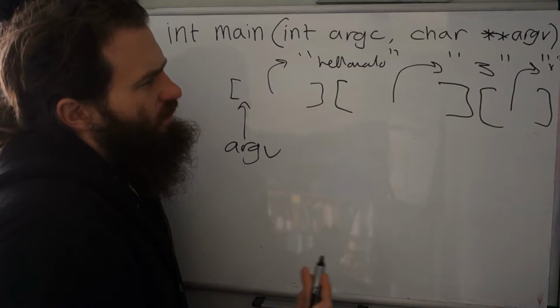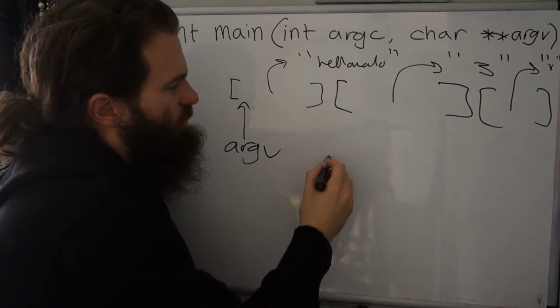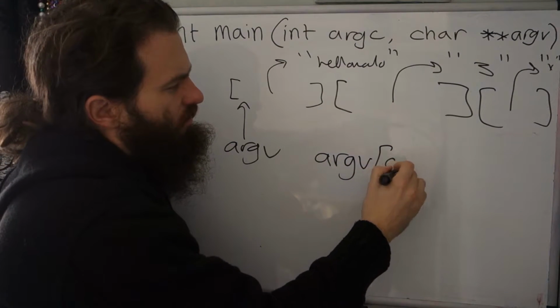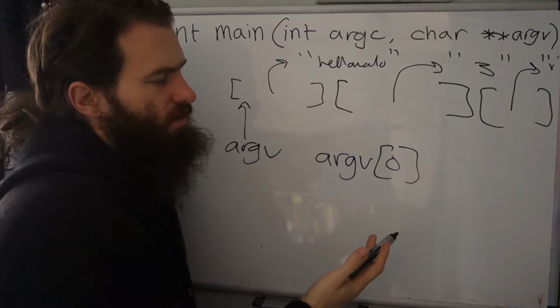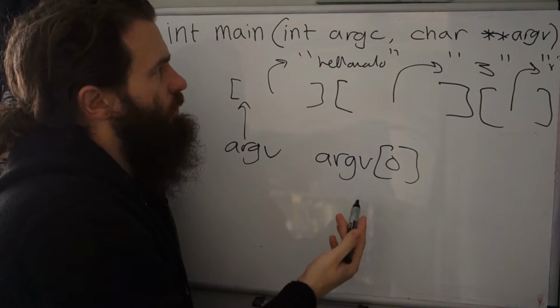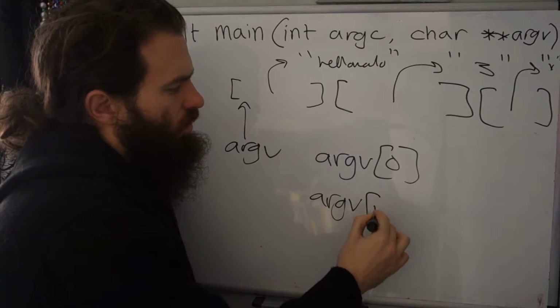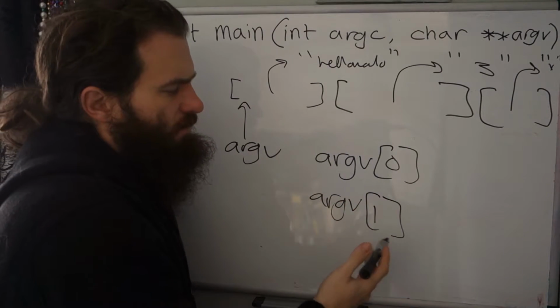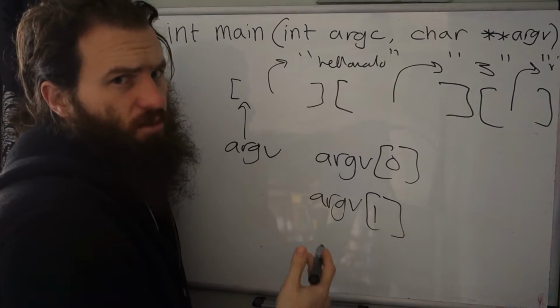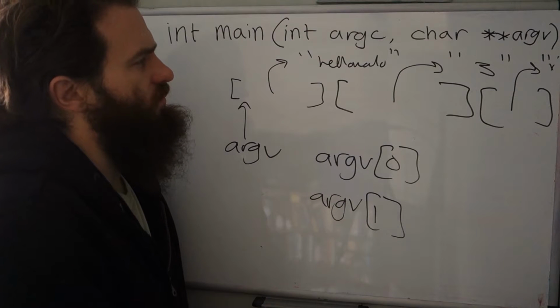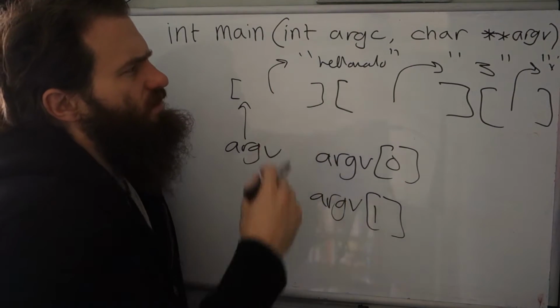That might be confusing, so if we say argv0, that will be a C string, which is the name of the program. Argv1 will be the first argument that we pass to the program, a C string. So argc is the argument count.